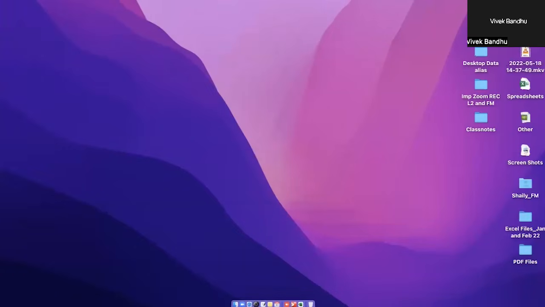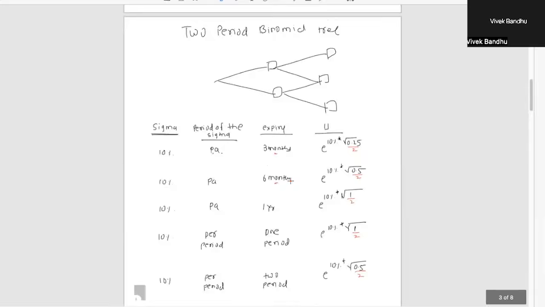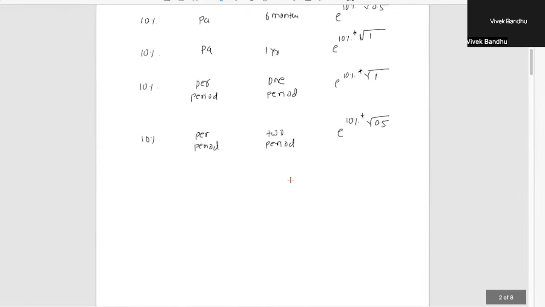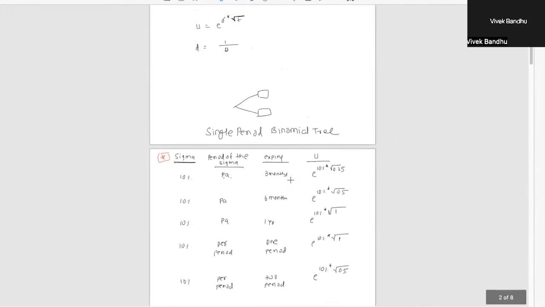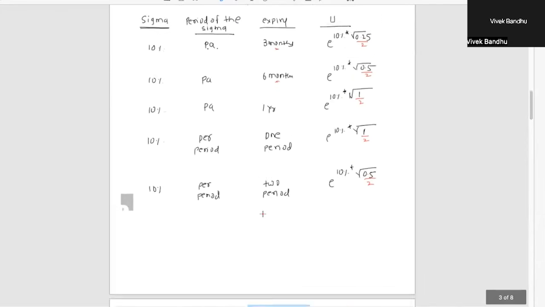So it means that logic, it would come under root 0.25 in that u calculation. Yeah, it's two periods, 0.5, yeah, 0.25 under root.